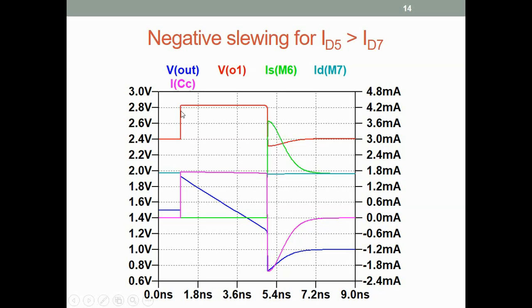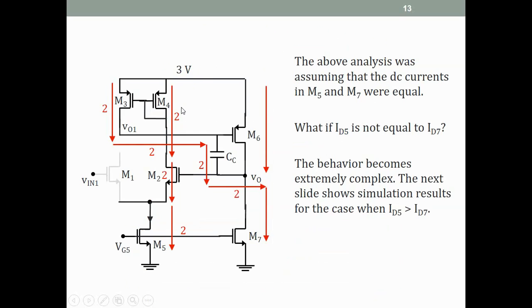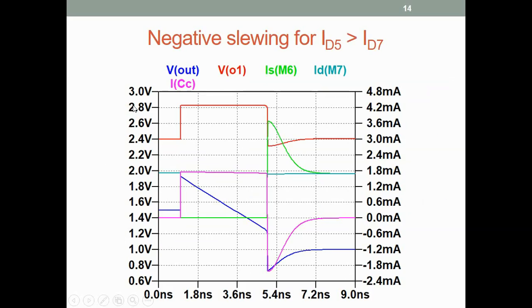That does two things. It turns M6 off: if this is 2.8 volts, the threshold is 0.4, so M6 turns fully off. But this 2.8 causes M3 to go into triode. Therefore the current in M6, this green, has become nicely 0. The current in M7 is this.